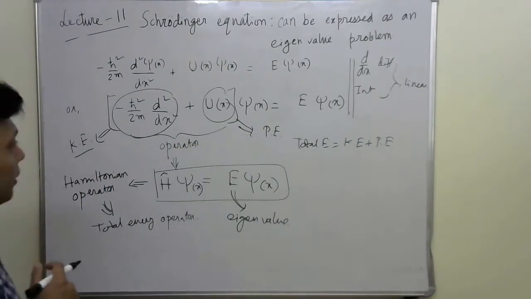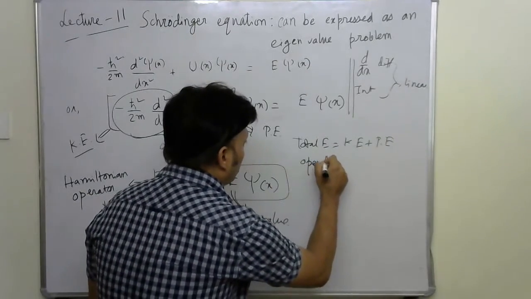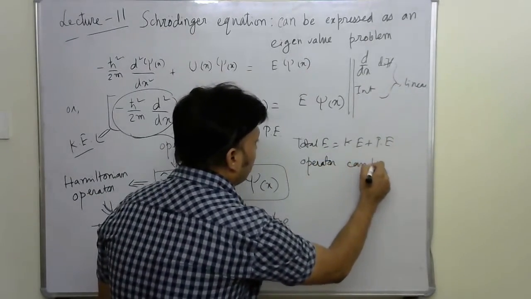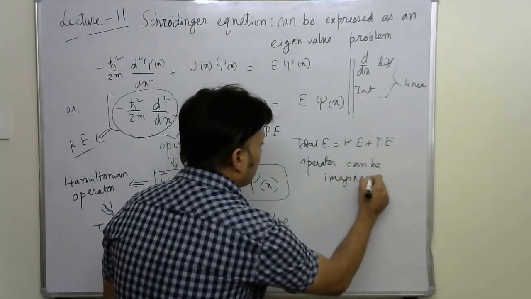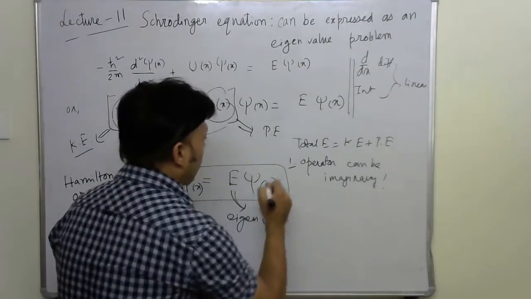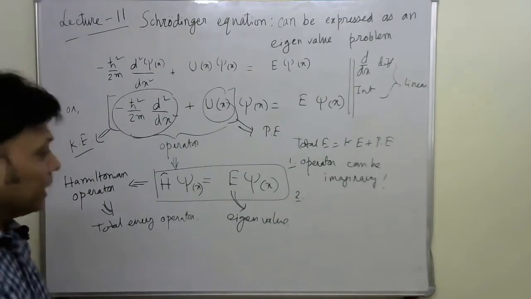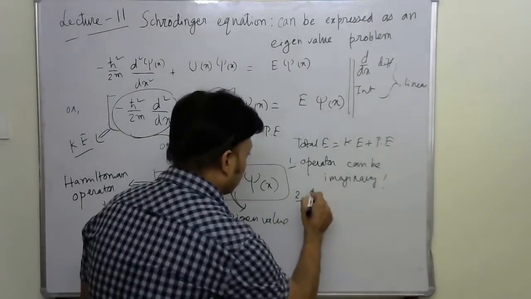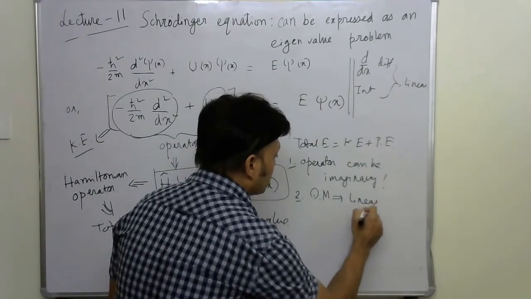Now before we go further, let me tell you one more thing, that the operator can be imaginary. Example I will come to in a second. So this is our first observation, and the second observation is that in quantum mechanics we would be dealing with only linear operators.